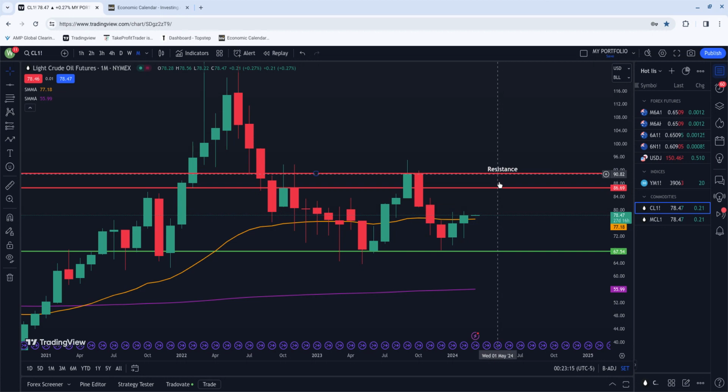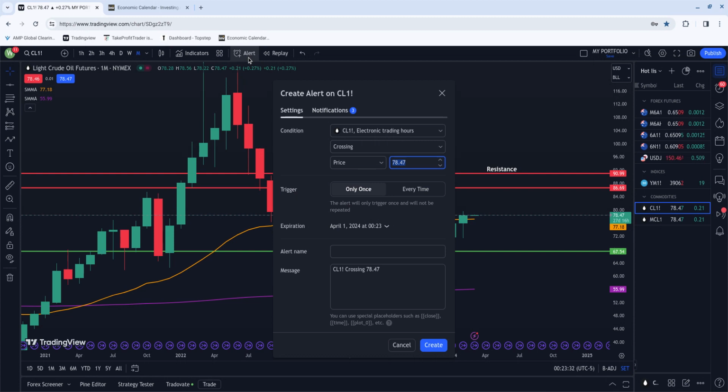And to help you out, as far as staying on track with this and keeping up to date with it, all you can do is go up here at the top where it says alert. Create an alert that's going to remind you of that. So right here, we keep all this the same.